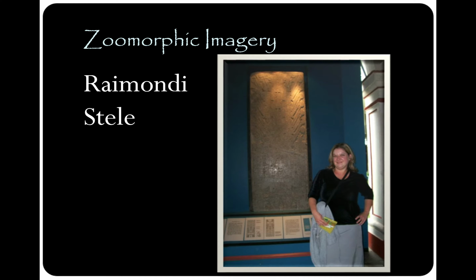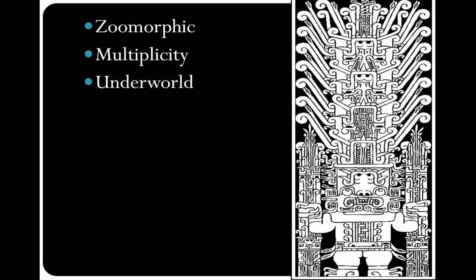And the name, you might go, well, Raimondi, that doesn't sound very Latin. Well, it's not. It's Italian, and it's named after the archaeologist that found it. So it's not really a heritage name, it's a discoverer's name of the object. Now, the stele itself is hard to look at because originally we think these were supposed to be painted. So when you're looking at a photograph of a stone stele that's lost its paint over the years, obviously it's going to be hard to interpret the imagery.